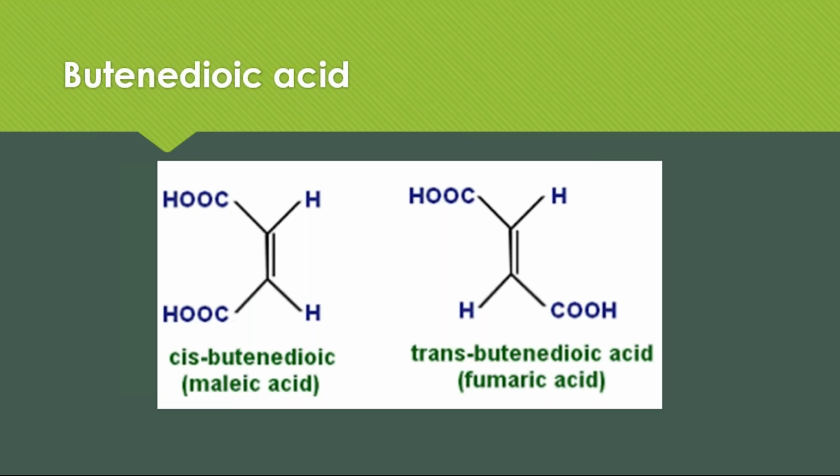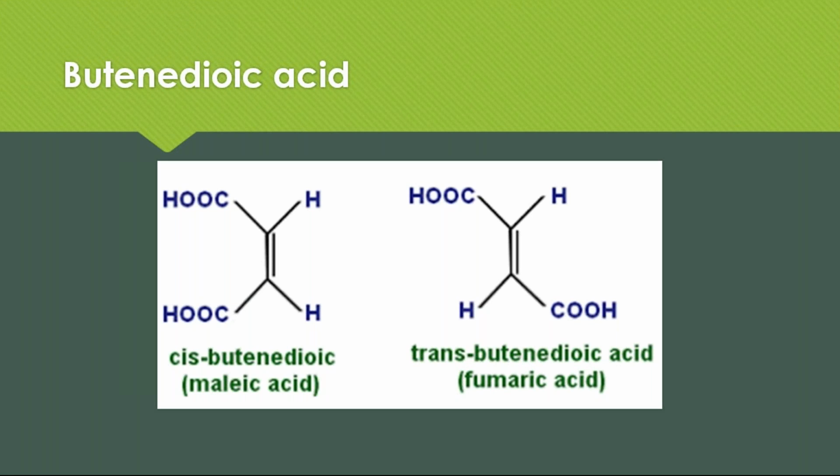The trans isomer has no dipole because it is symmetrical, unlike the cis isomer. The cis isomer is a stronger acid than the trans isomer. So even the chemical properties differ in butenedioic acid.